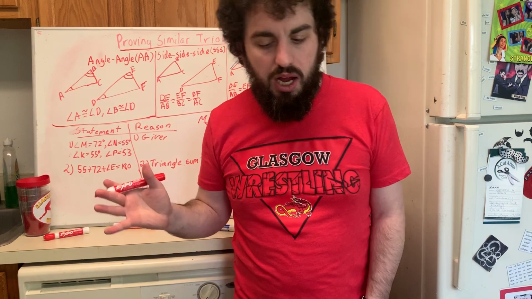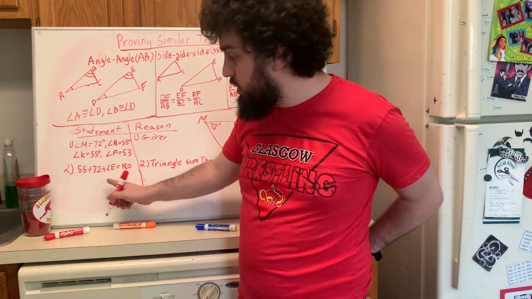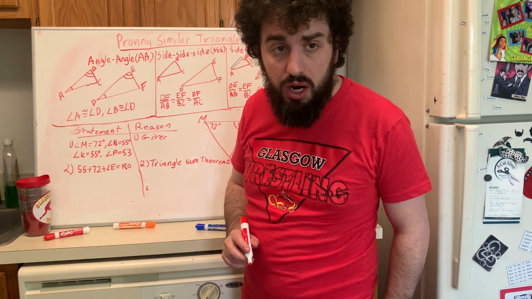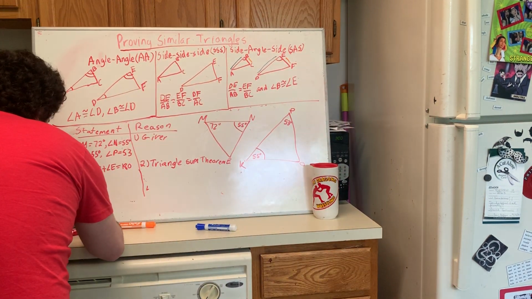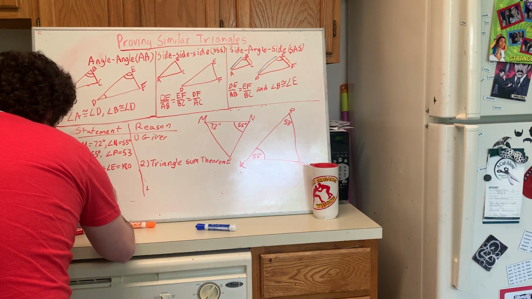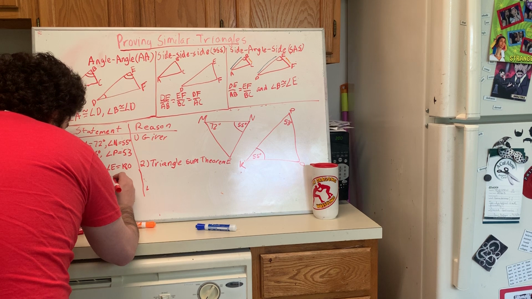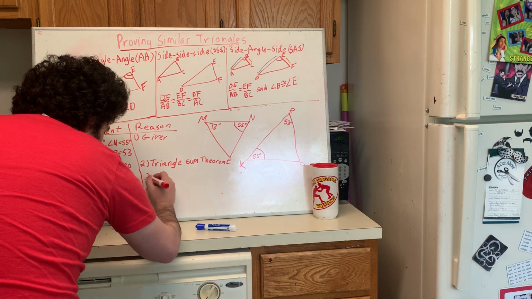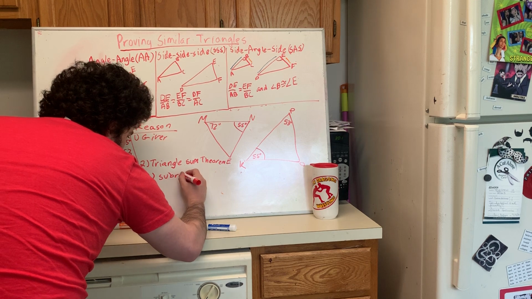So, now that I know they add up to 180, I could take away 55, and I could take away 72, right? When I start solving this by using subtraction, I get E is equal to 53. So our rationale here is subtraction.